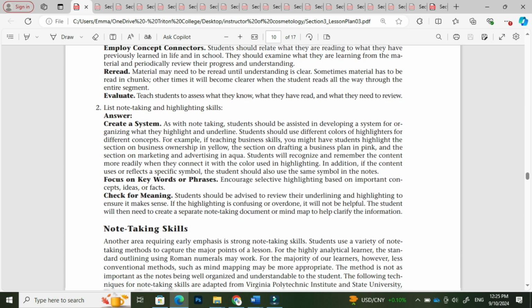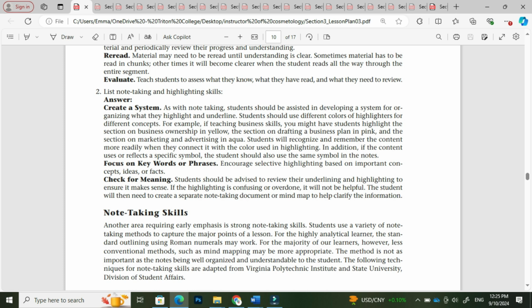Question number two. List note taking and highlighting skills. Answer. Create a system, as with note taking. Students should be assisted in developing a system for organizing what they highlight and underline. Students should use different colors of highlighters for different concepts.